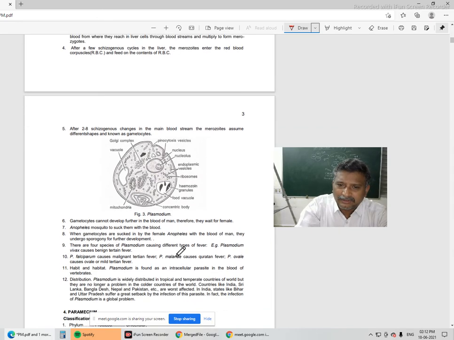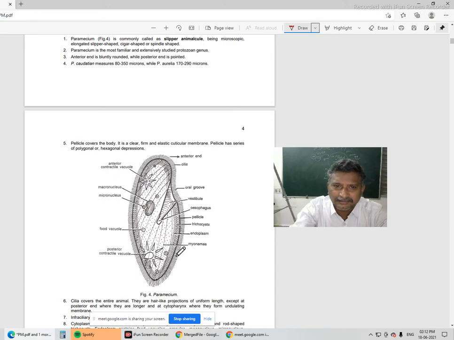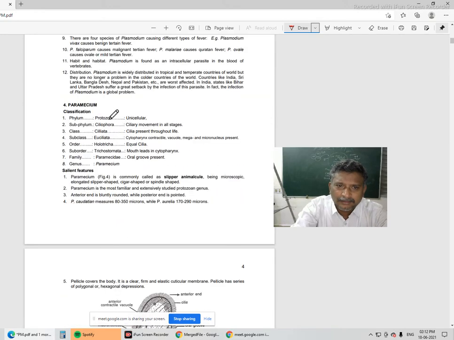Now plasmodium is not given, this is paramecium. Protozoa means unicellular in nature. Cilia are present all over the body, hence it belongs to subphylum Ciliophora, and class Ciliata, as cilia are present throughout life.